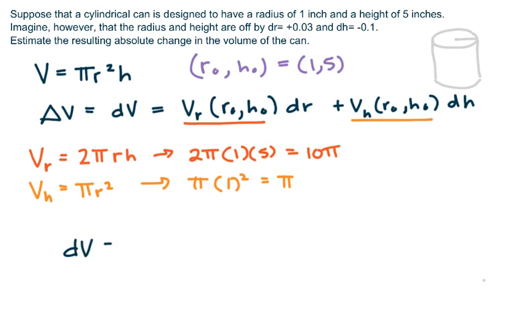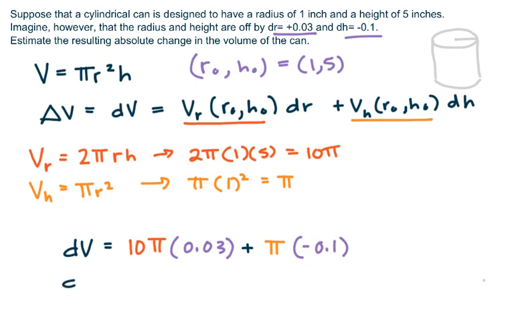So dv equals 10 pi times my dr value, which was given, positive 3/100, plus v sub h, which is pi, also times that given dh value, which is negative 0.1.